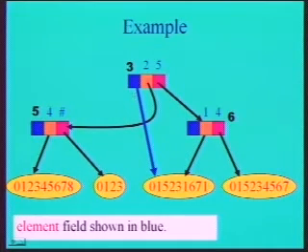This pointer would be used, for example, to extract digits 1 and 2. On my way down, I come here, and this says branch on 3. Before branching on digit 3, I say, let me see if I've got a match on digits 1 and 2. Using this pointer, I can access this fellow and compare digits 1 and 2. If they don't agree, there's no point going further down. I'm not going to agree with anybody down here. So you can declare the search unsuccessful right here at this level.